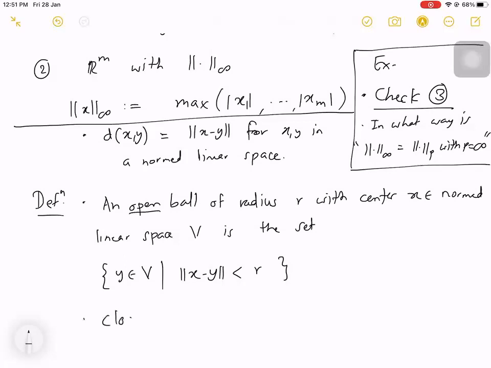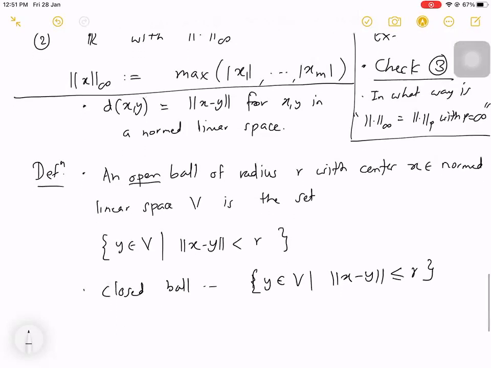And a closed ball, while we are at it, let's define: the closed ball is the set of y in V such that the distance between them is less than or equal to r. Okay, so let's draw some pictures.